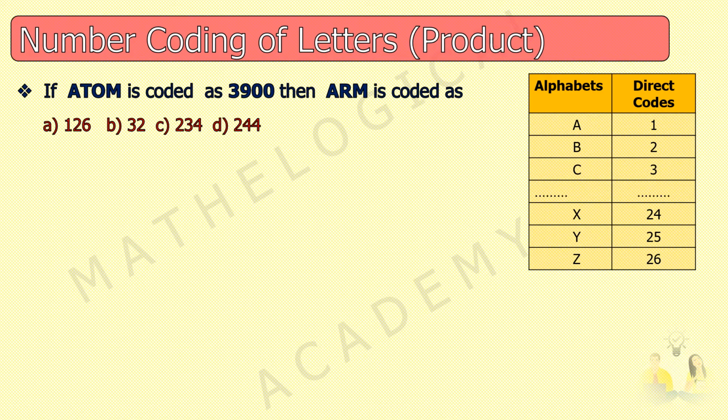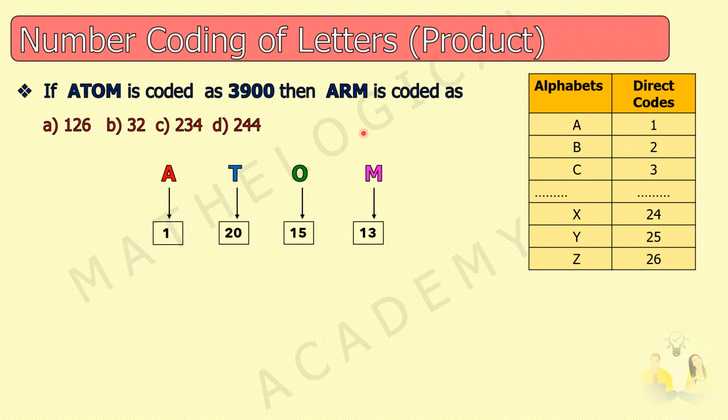One more example of number coding of letters. If Atom is coded as 3900, then ARM is coded as? So we'll just see the serial numbers of the letters here: 1, 20, 15, 13. Of course, addition cannot give us 3900.